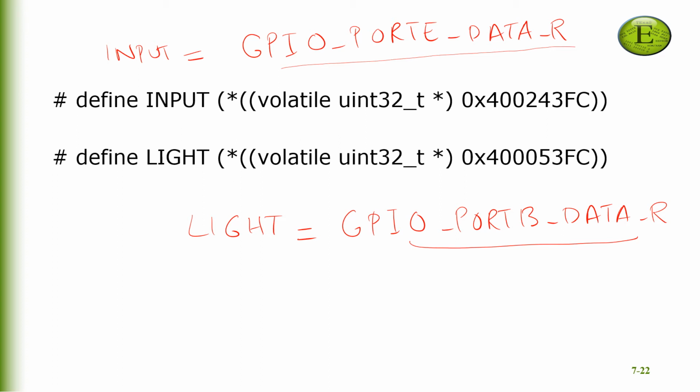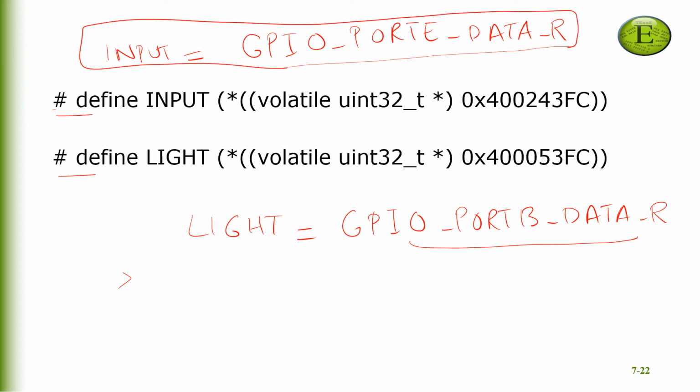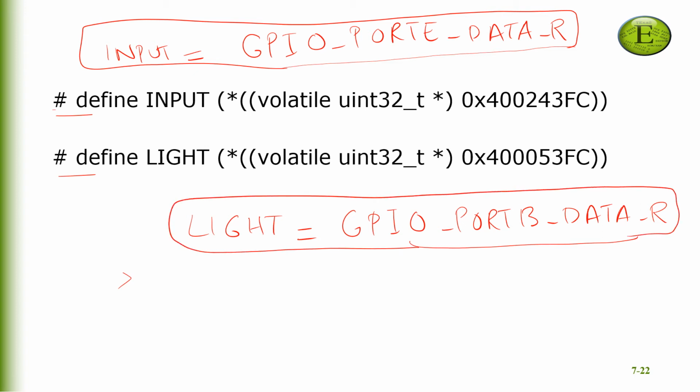In order to accomplish this task, we utilize a special typecasting and a combination of typecasting and dereferencing the pointer. And we shall try to understand that in a step-by-step manner. Nevertheless, once these definitions are processed, the input becomes synonymous with the port E data register, and the light becomes synonymous with the port B data register.